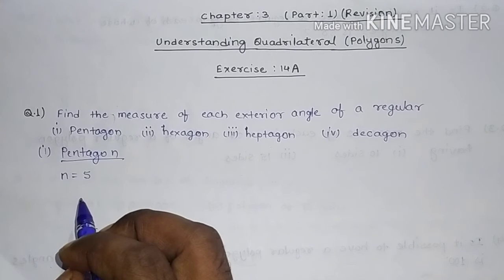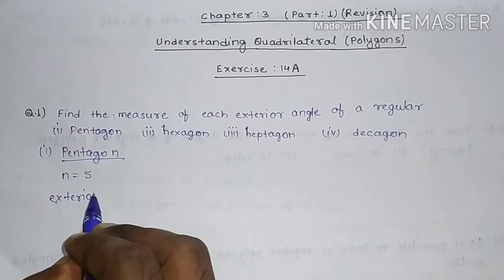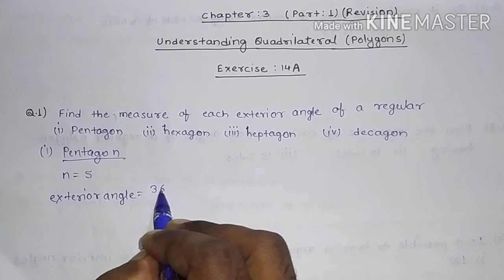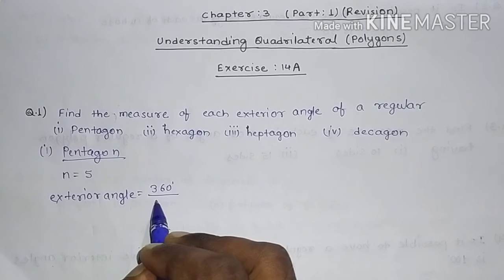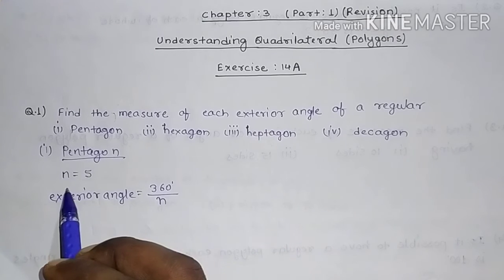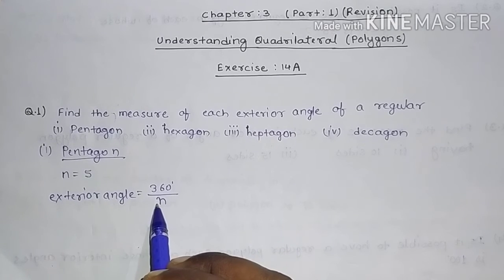The formula of the exterior angle is 360 divided by n, where n is the number of sides of the polygon. So n is given here, n equals 5. Put the value and get the answer.